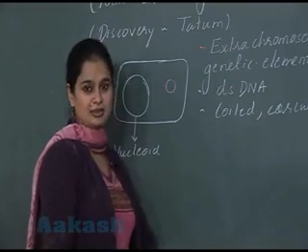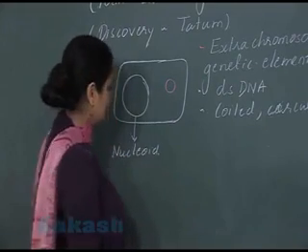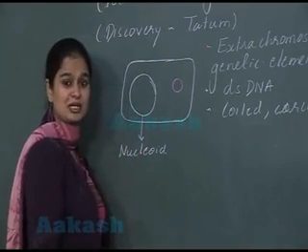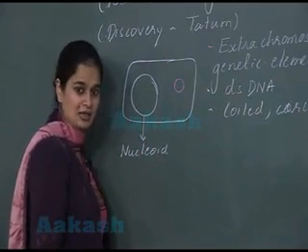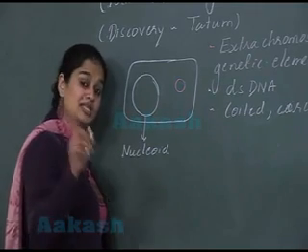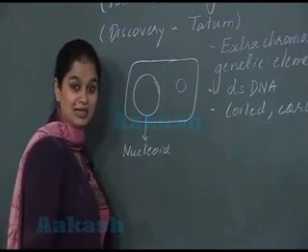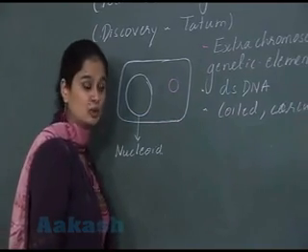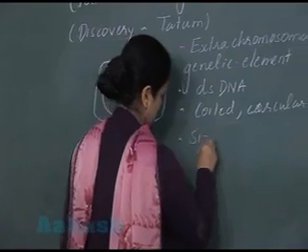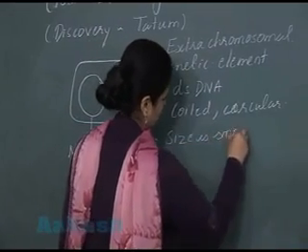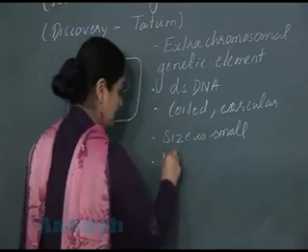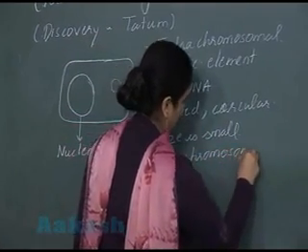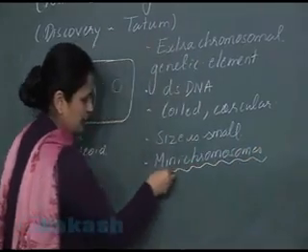Now the size of the plasmid is smaller than the main DNA, which means the number of genes associated with the plasmid is less. That's why plasmid is also known as mini chromosome.